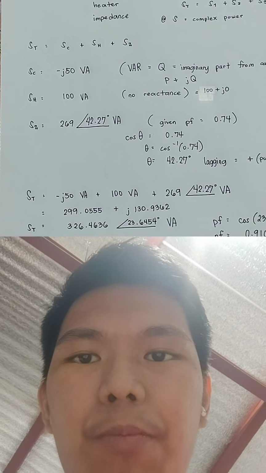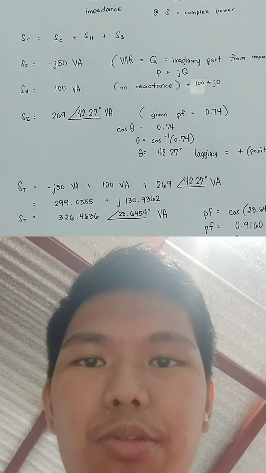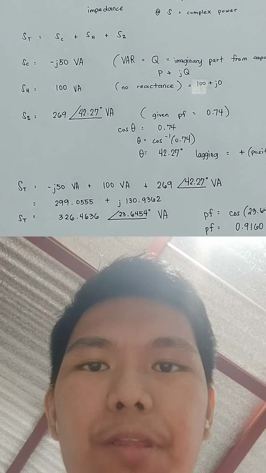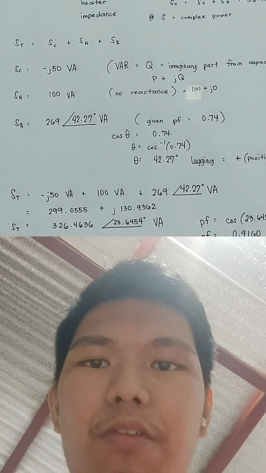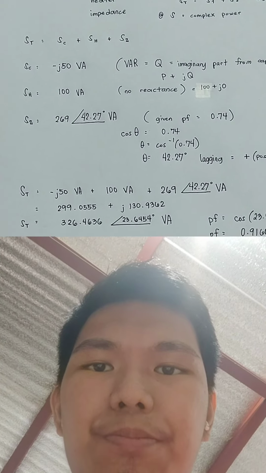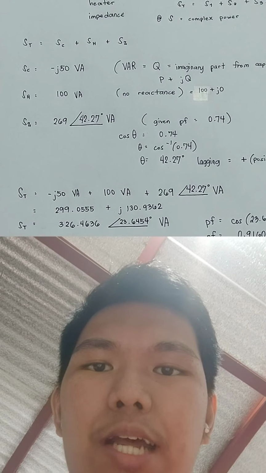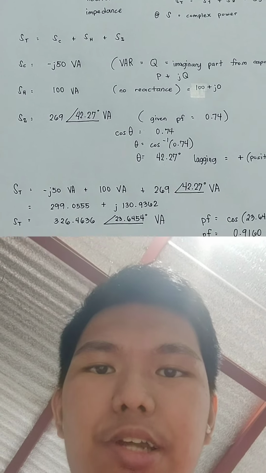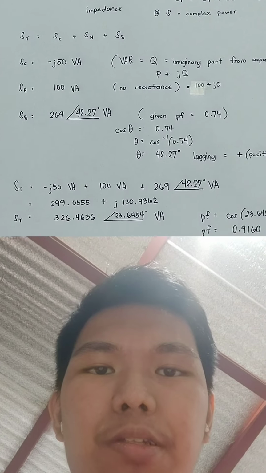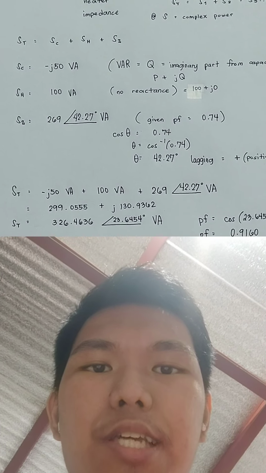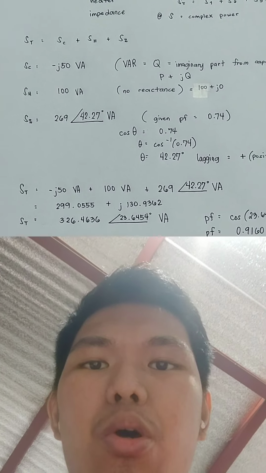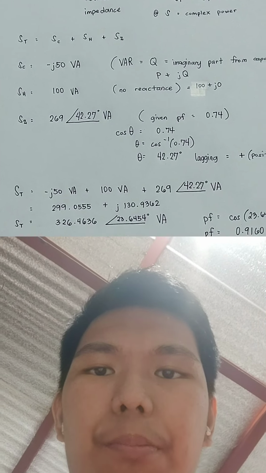Now our complex power for the capacitor is equal to negative j50 volt-amperes. For the complex power of the heater, the given is 100 watts. There is no reactance given, so 100 plus j0 is equal to 100 volt-amperes.